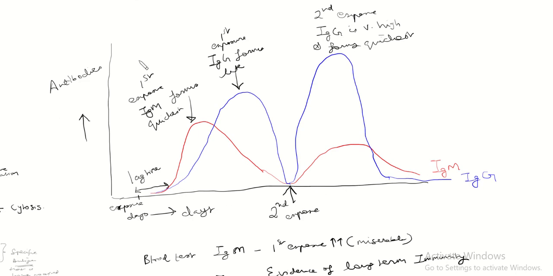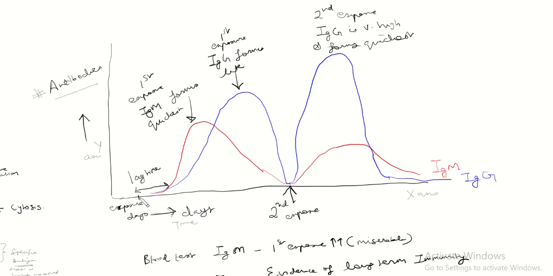So let me draw this first. This is the y axis and this is the x axis. On the x axis, I have the days or the time, and on the y axis, I have the number of antibodies.